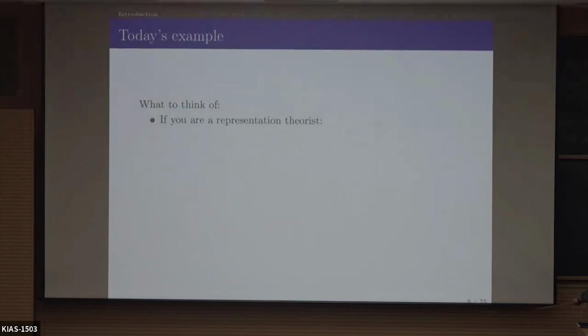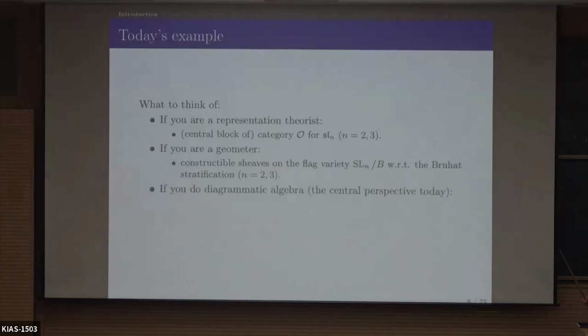So for today's example, here's what to think of. If you're a representation theorist, you might prefer to think about the central block of category O for SL_n. And really for today, you can just pretend n equals 2 or 3. If you're a geometer, what you might prefer to think about is constructible sheaves on the flag variety with respect to the Bruhat stratification. Again, you can just focus on n equals 2 or 3 for today's talk.